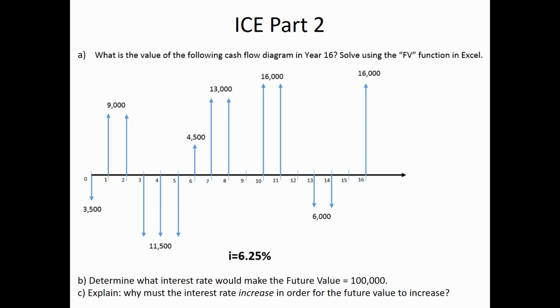Okay, yeah, the first one had to do with applying a negative value inside the function, because by convention, what Excel assumes is that one of them was an inflow and one of them was an outflow. That's what Excel assumes. Well, in our case, we don't want it to change the sign. We just want to change the timing of the amounts. So in the function, you're going to have to apply a negative value when you put in the present value. So the FV function, one of the things it's going to ask you to tell it is what is the present value. And you'll put in a minus sign before you click on the cell that contains that amount. So there's the negative sign.